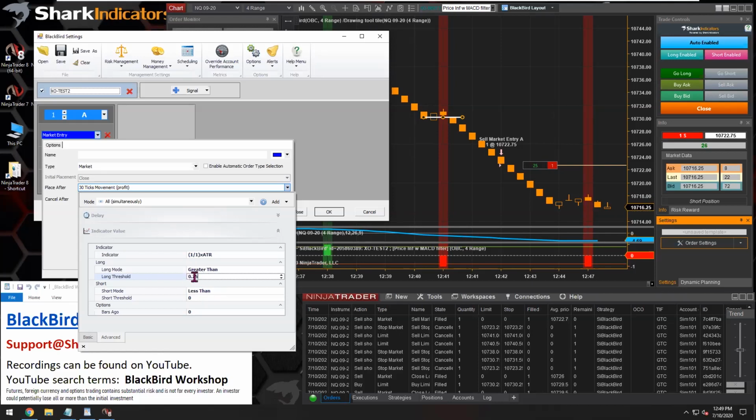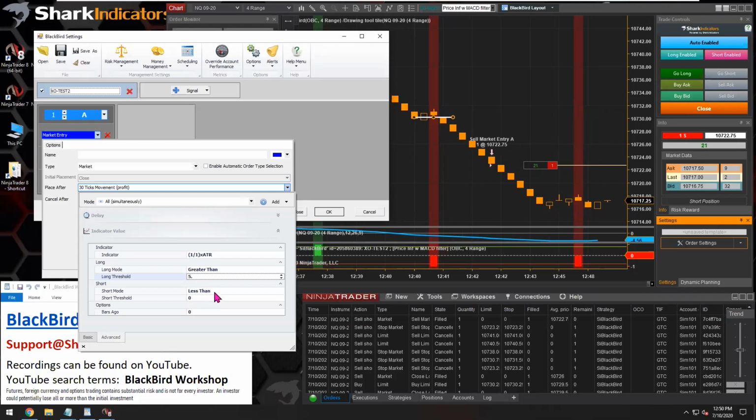That's 3/4 of a point. Well, on the ES, that wouldn't be much. So if you're trading the ES, maybe you want the volatility to get up to 5 points before taking the trade. We could set both of these to 5.